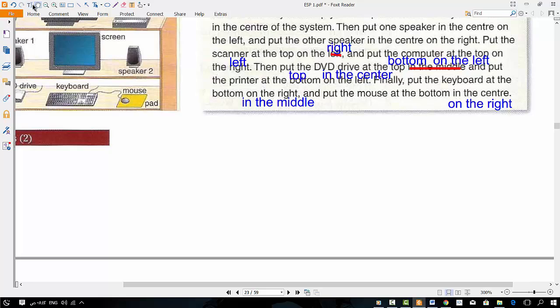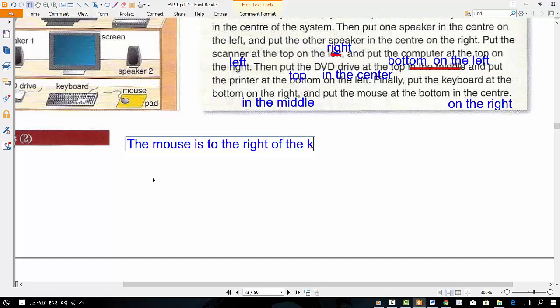Okay, let's write it. The mouse is to the right of the keyboard.